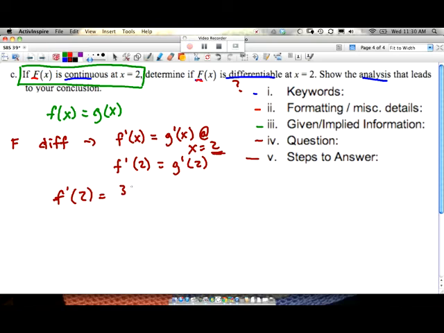That would be, if we substitute in here, we got 30 times 2 squared over 2 cubed minus 3. And let's see what g prime of 2 would be. G prime of 2 is going to be 2 times cosine pi times 2 squared. So let's do some simplifying here.